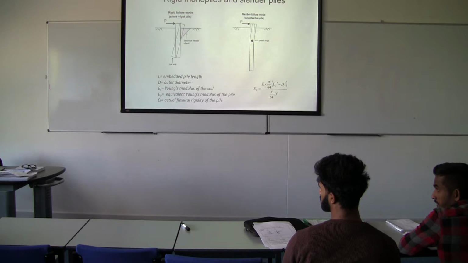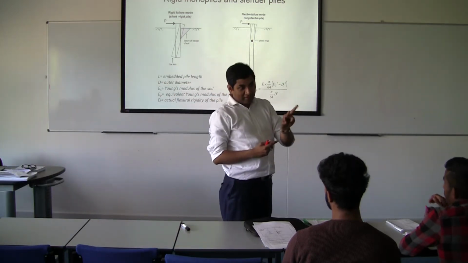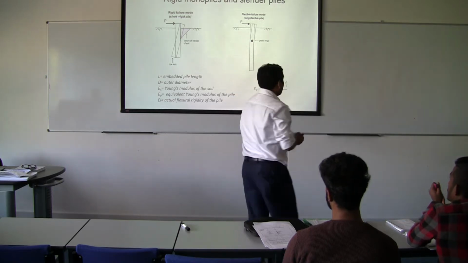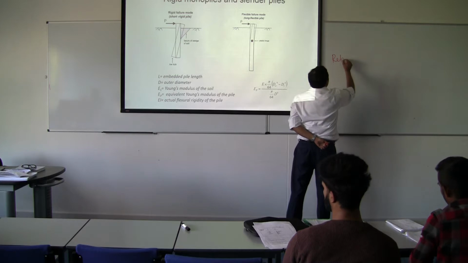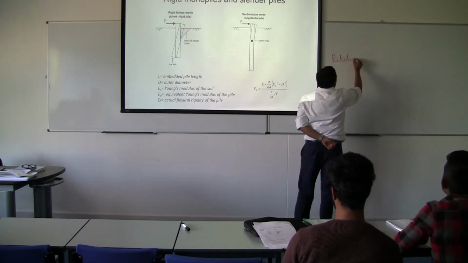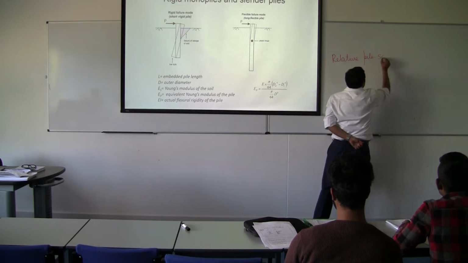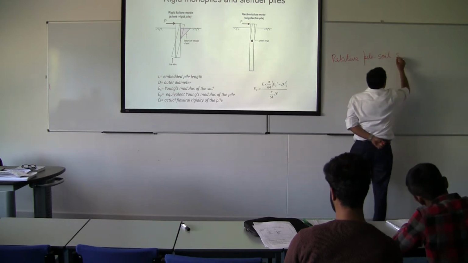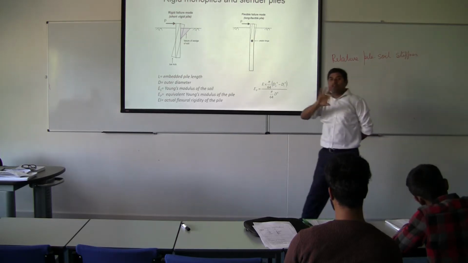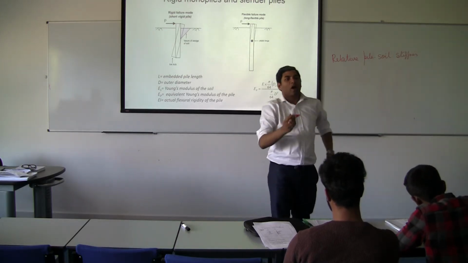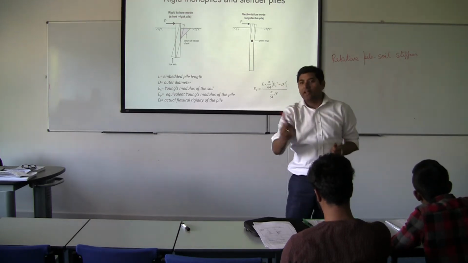So what is the function of? Now, it's a ratio of two things. That is known as relative pile soil stiffness. It is not a function of one thing. How stiff is the pile compared to the soil around it?